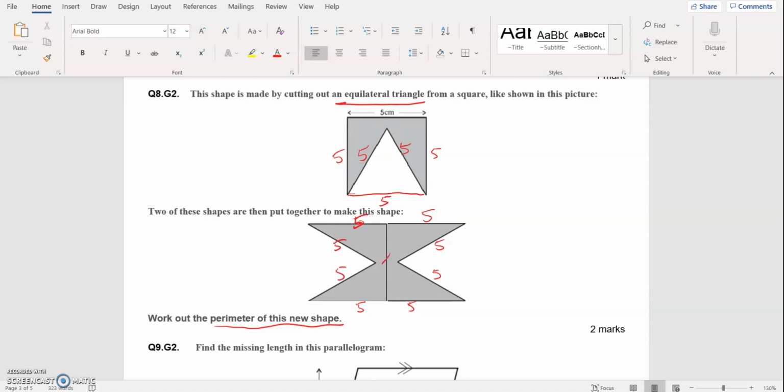Make sure you do not count this, because a perimeter is about the rim going around. So it's lots of 5s, so I'm just going to count them. There's 1, 2, 3, 4, 5, 6, 7, 8. So 8 times 5 is 40, and it is centimeters. So the answer is 40 centimeters.